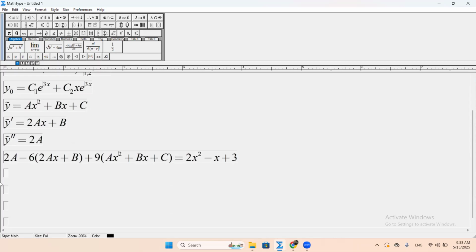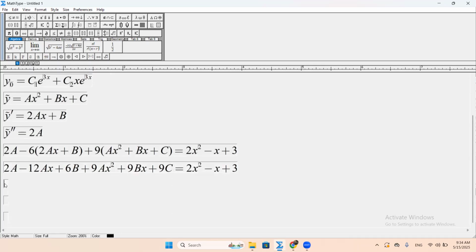Let's expand the brackets and regroup coefficients. 2a minus 12ax plus 6b plus 9ax squared plus 9bx plus 9c equals this expression.